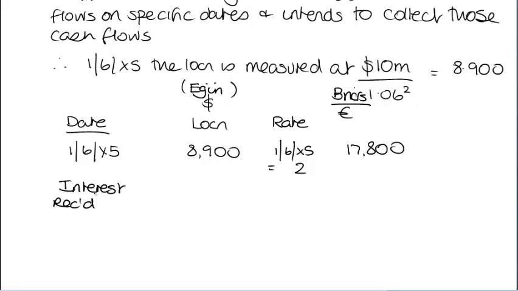We've then got the interest received. As far as Egin is concerned, it's 8.9 million at 6%, which is 534.